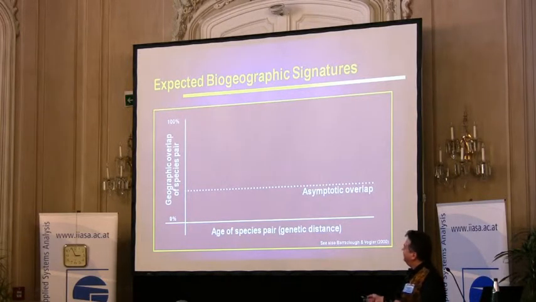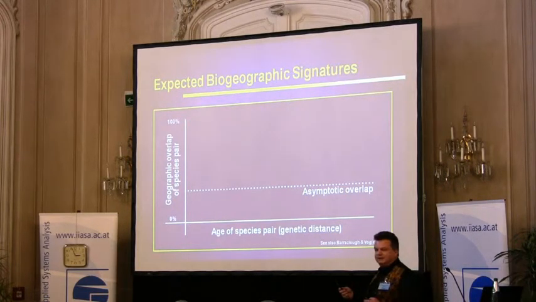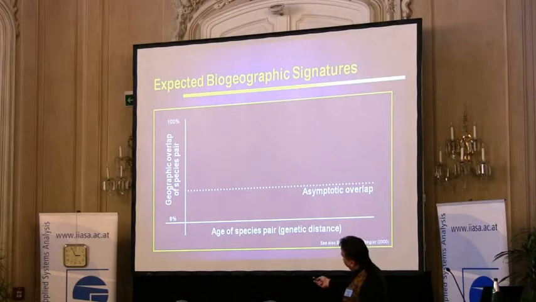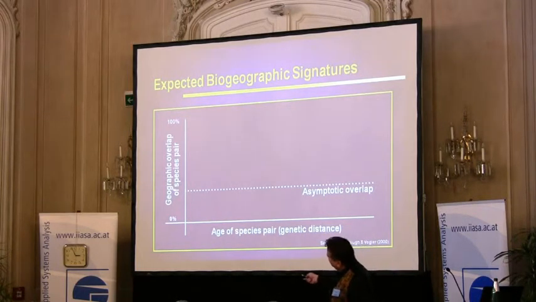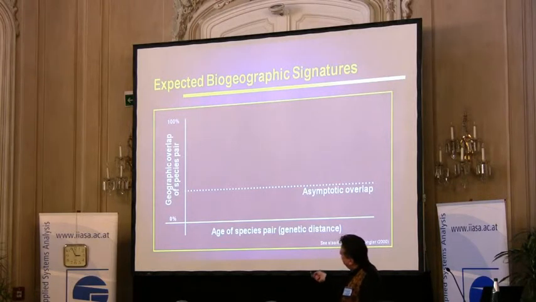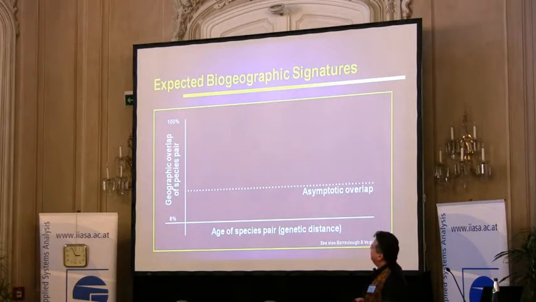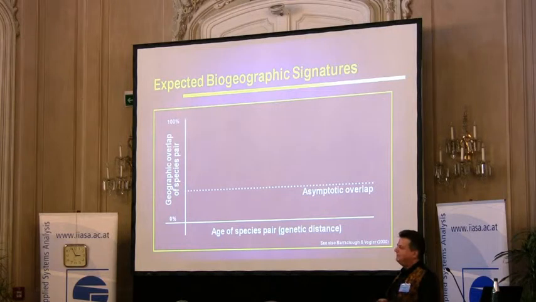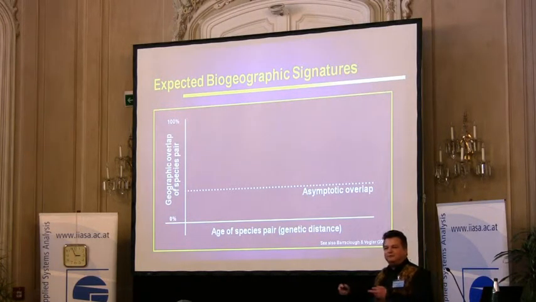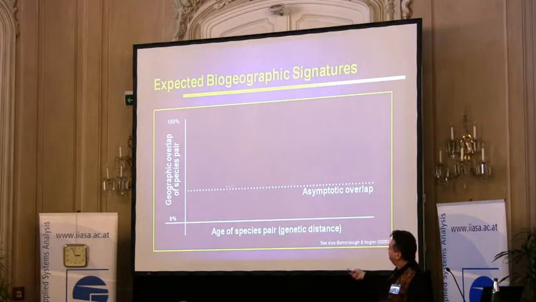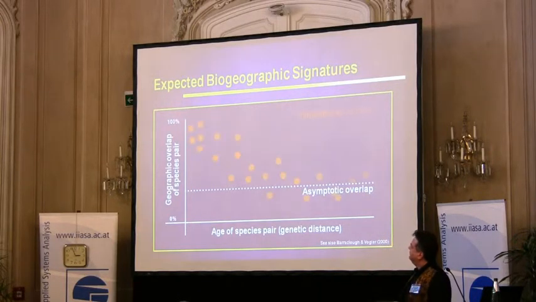from a publication by Barraclough and Vogler, 2000, where they compared in an empirical analysis the age of a species pair in terms of their genetic distance with the geographic overlap of that species pair. So you would expect that after a long while, the overlap of the species pairs becomes randomized and converges to some asymptotic level.